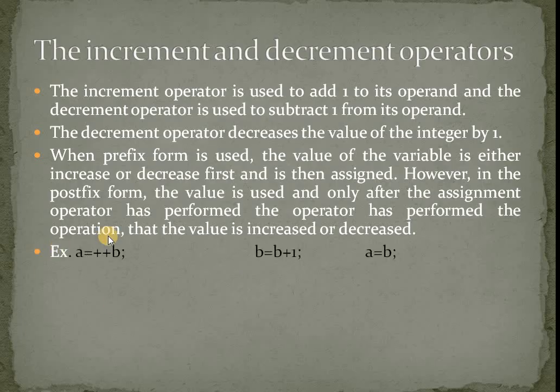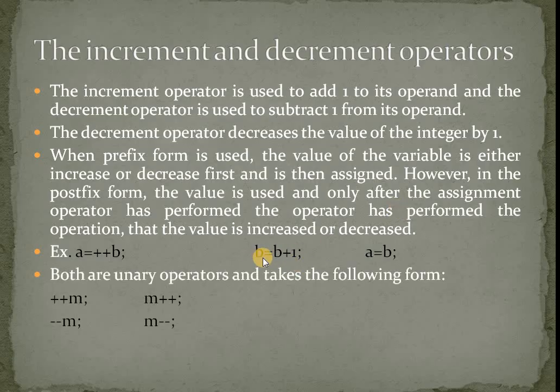So here you can see A is equal to plus plus B. This is prefix form of increment operator. B is equal to B plus 1, A is equal to B. In this case, A is equal to plus plus B. First B will be incremented by 1 and then it will be assigned to A.